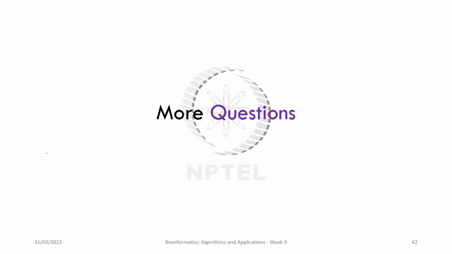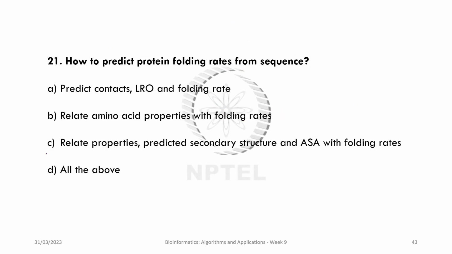So I got three more questions, I think. How to predict protein folding rates from sequence? A. Predict contacts, LRO, and folding rate. B. Relate amino acid properties with folding rates. C. Relate properties, predicted secondary structure, and ASA with folding rates. D. All of the above.